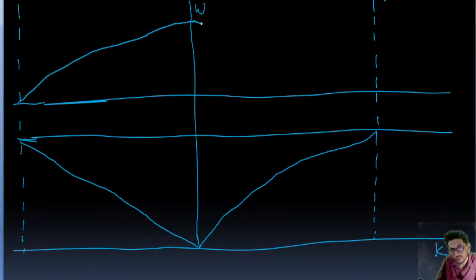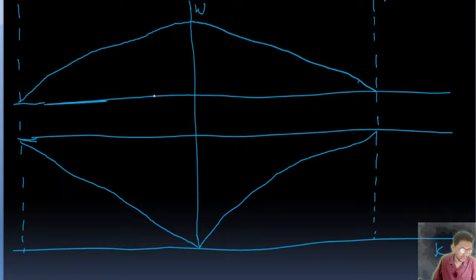This is going to be this one. So this value we have got is pi by a, and this is at minus pi by a.